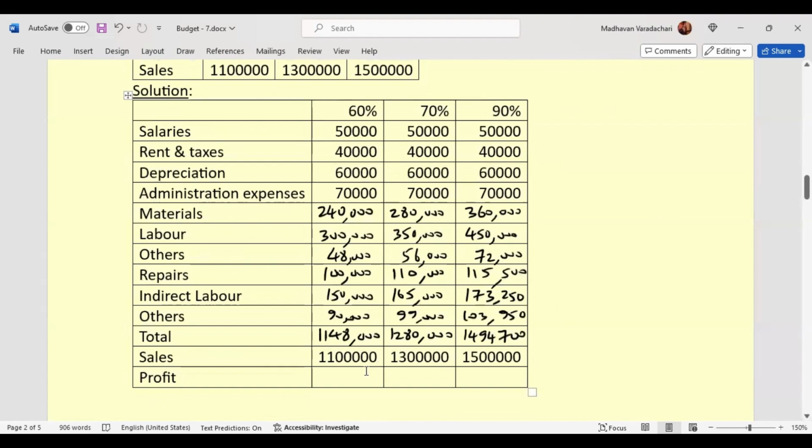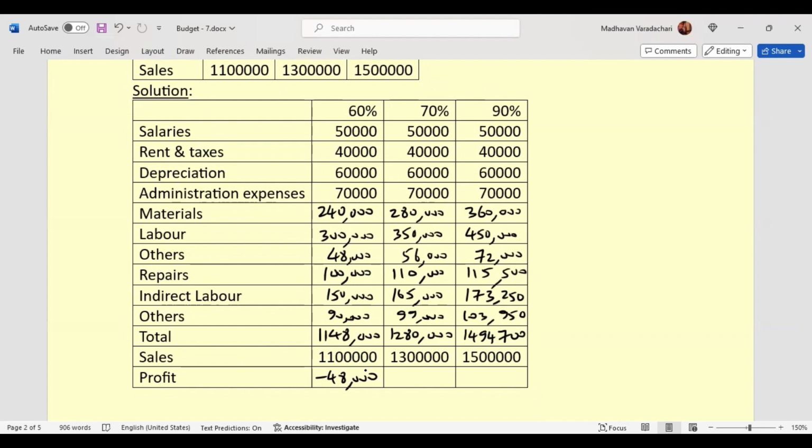So in the first one, sales is 110,000 minus the expenses 1148,000. We get negative, means it is a loss. Negative 48,000 is the profit.